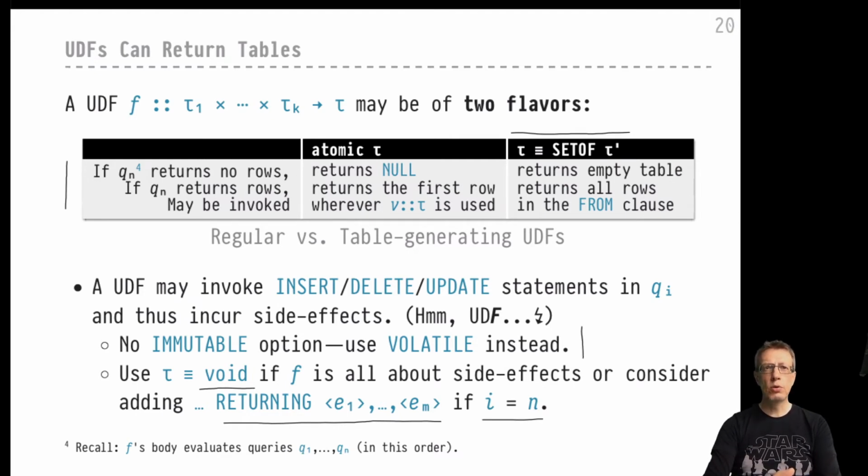Okay, so that's another option to maybe report on how many or which side effects your side effecting function has returned. You can indeed use returning to also report some informative return values to your callers.